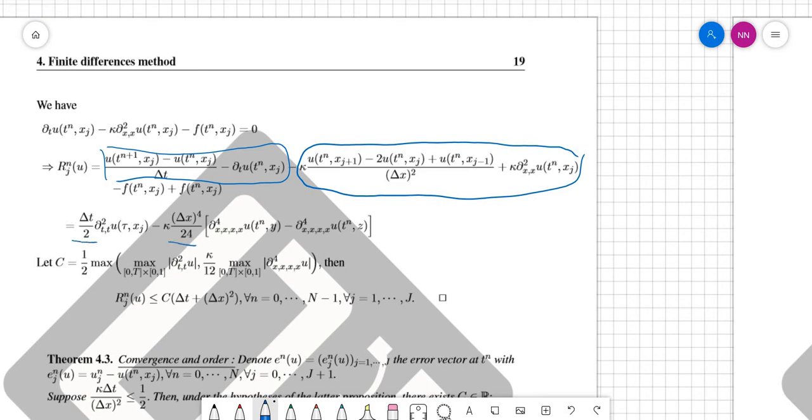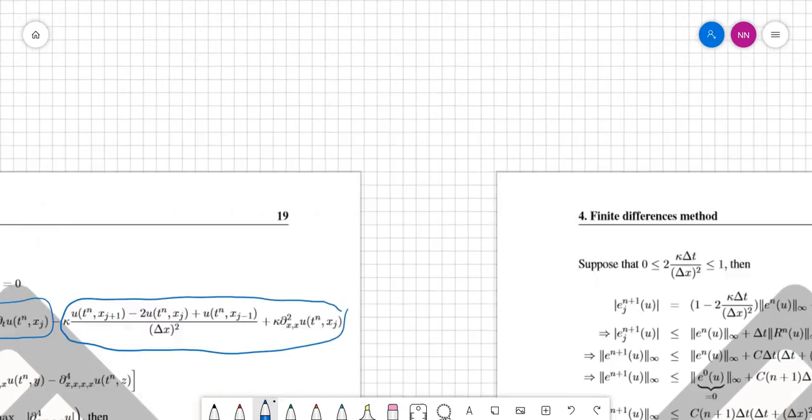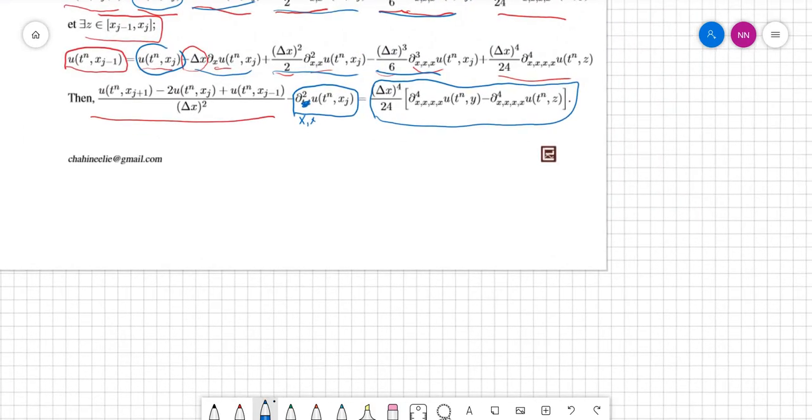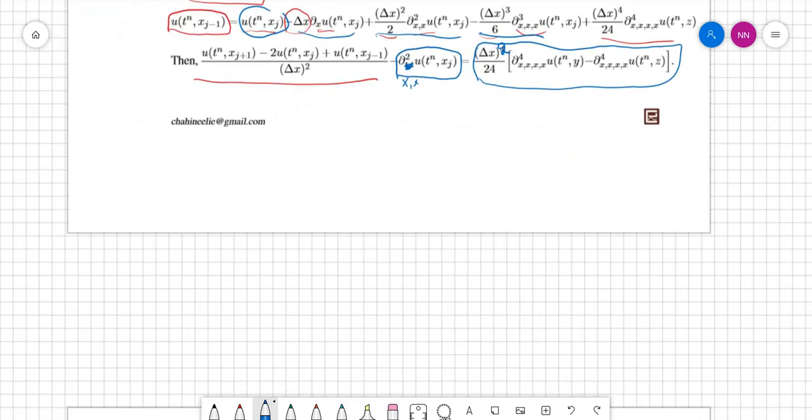This is a typing error. I think this is a square in here. Let me check a bit in the page before. Yeah, exactly. This was a square here and not power 4. It's a typing mistake, because when we divide it by delta x squared, it's a delta x.